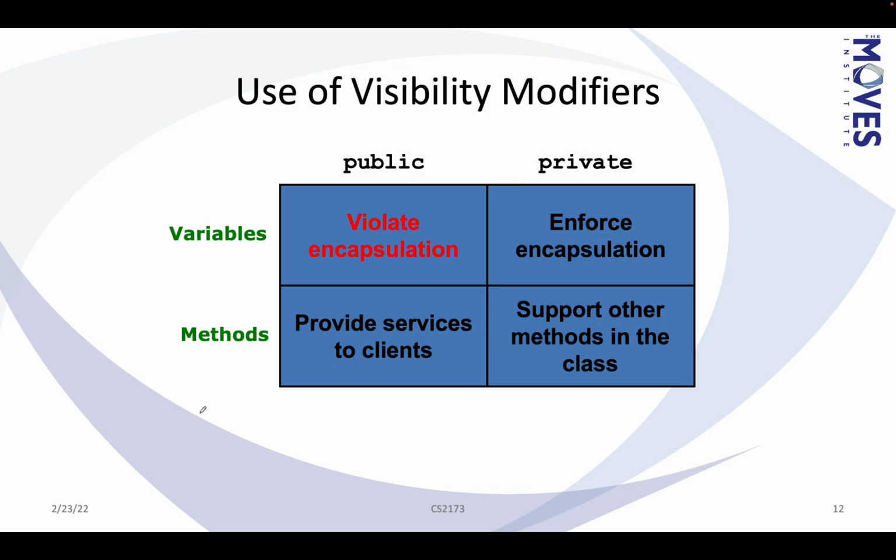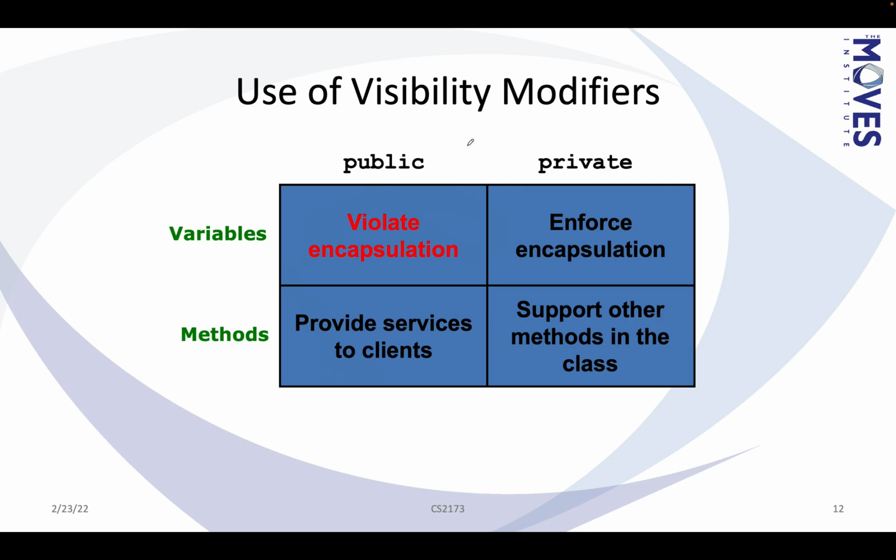Okay, and this diagram is important. We have variables and we have methods. Remember, the class consists of instance variables and methods. Public and private are the two main access modifiers we will be using. A public instance variable violates encapsulation. Remember, encapsulation is the idea that things are literally in a capsule.